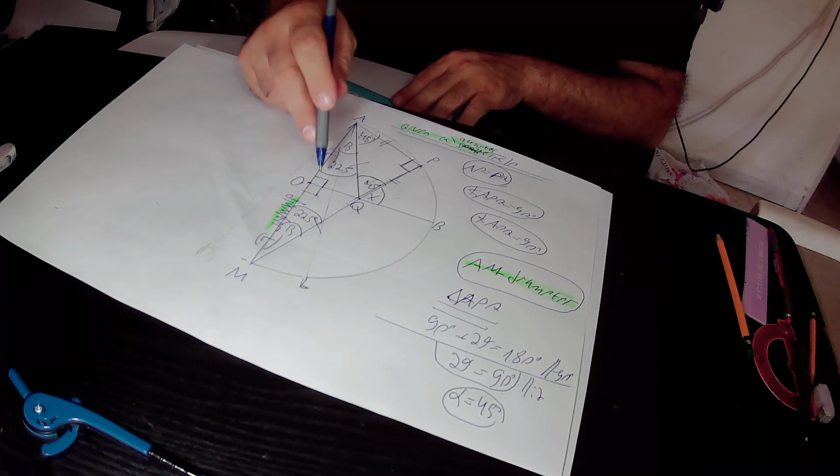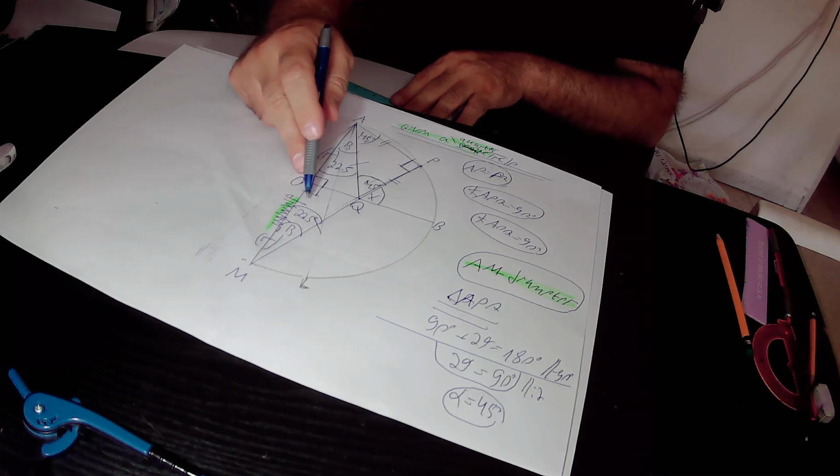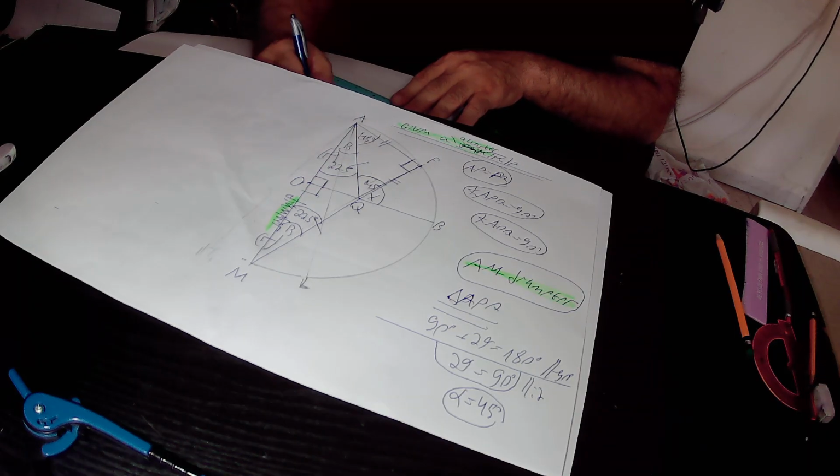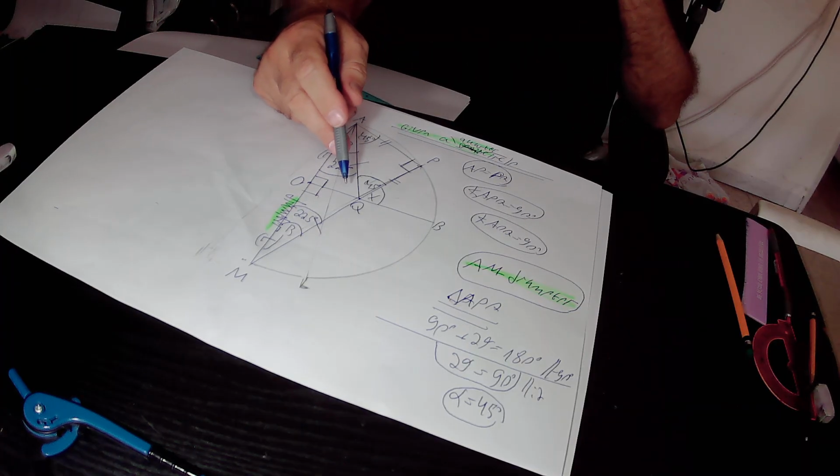You have this angle that is a right angle, plus this angle that is equal to angle beta, 22.5 degrees in its size, plus this missing angle, that is angle OQM.